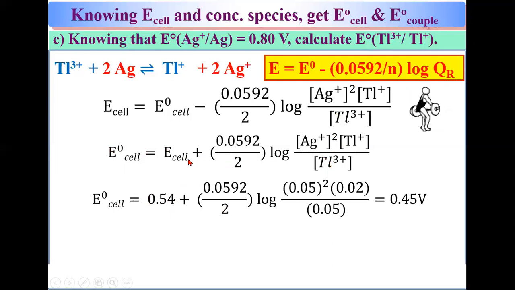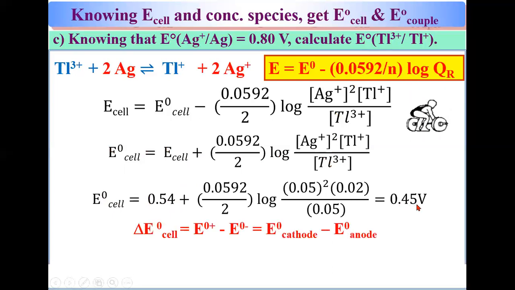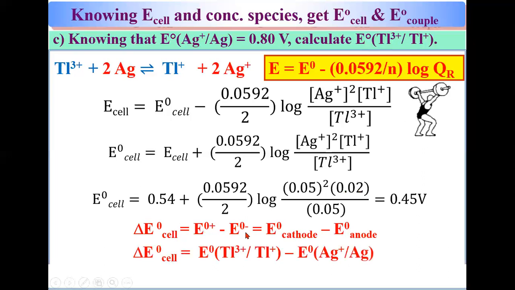Are we clear? And solve for E naught of the cell. You get E naught of the cell is 0.45. So E naught of the cell is 0.45, and that is E naught of the cathode minus E naught at the anode, or E naught reduction minus E naught oxidation, or E naught at the positive pole minus the E naught at the negative pole, as you wish.